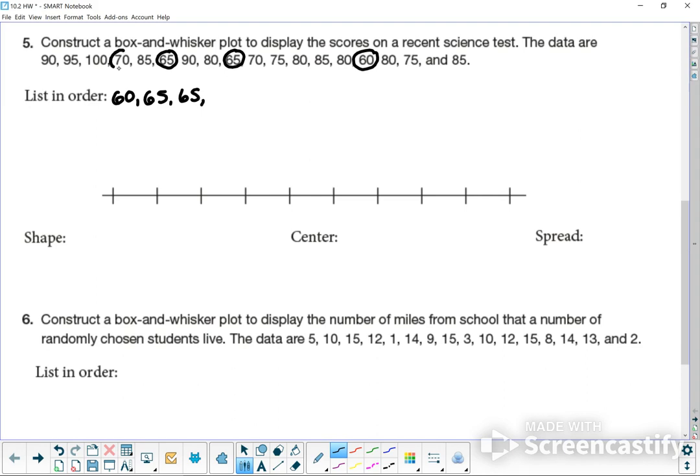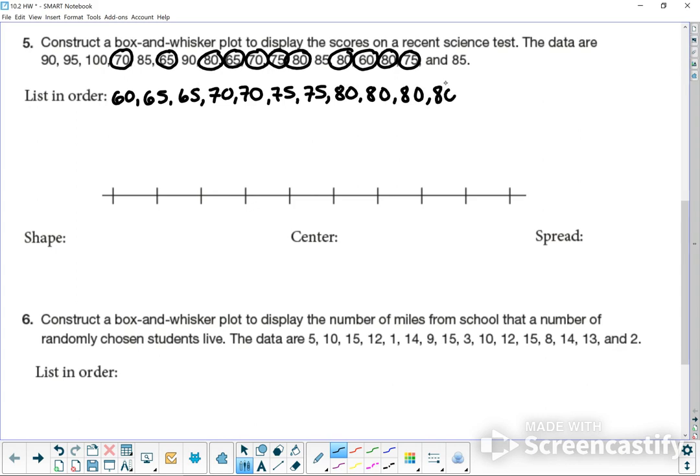Then 70. So 1, 2. So 70. 75. 1, 2. 80. So we got 1, 2, 3, 4. So 80. There's 4 of them. 85.